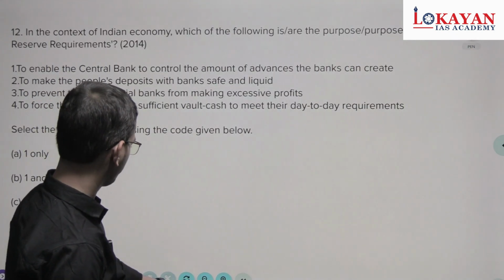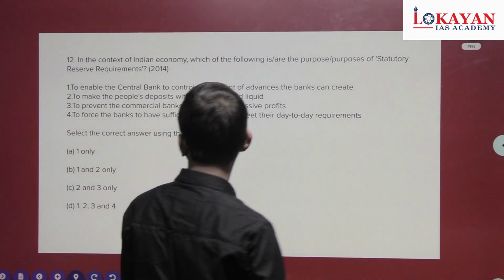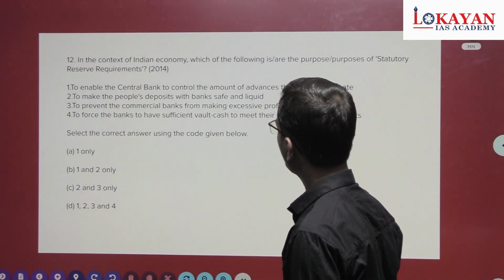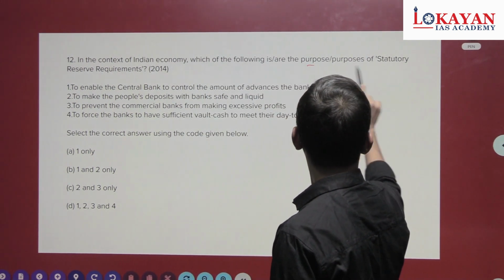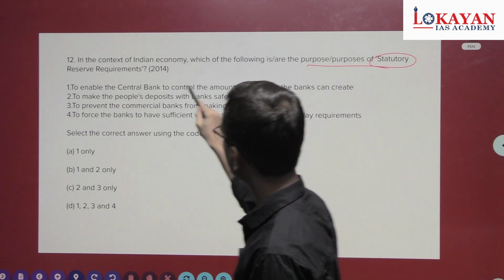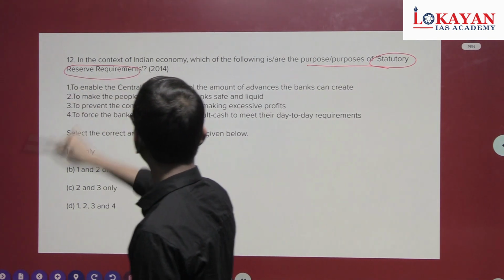Next question. In the context of the Indian economy, which of the following are purposes of statutory reserve requirements?